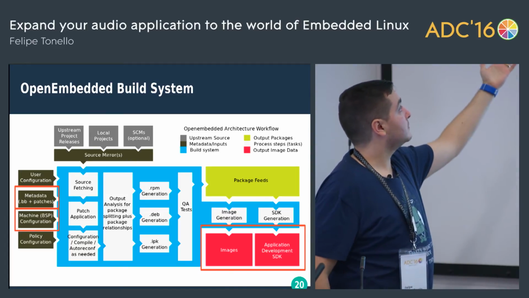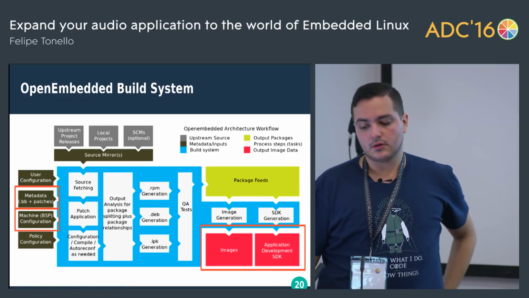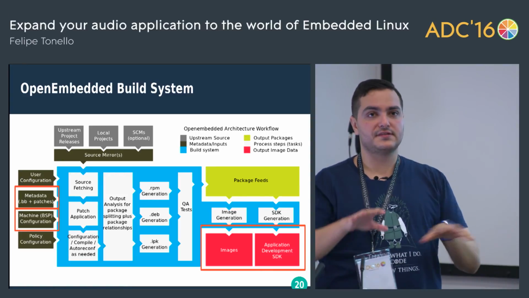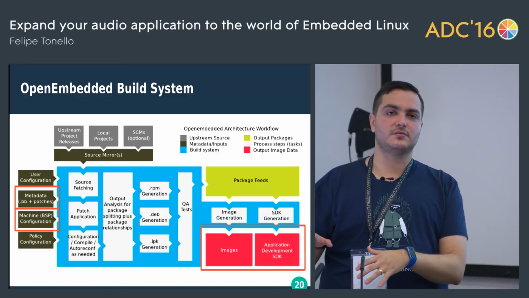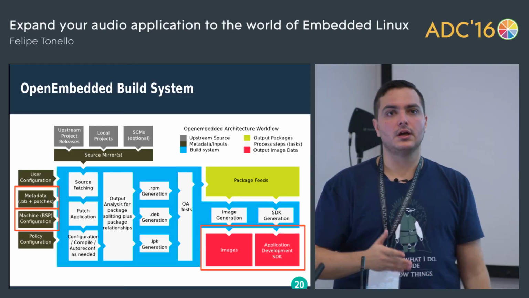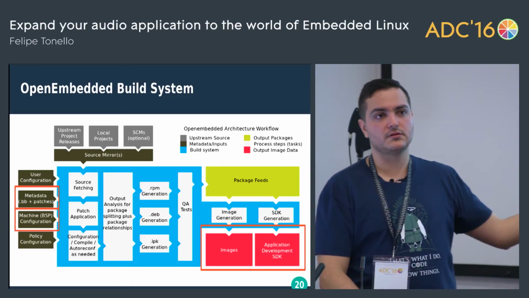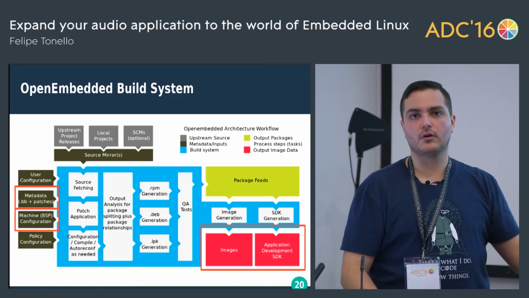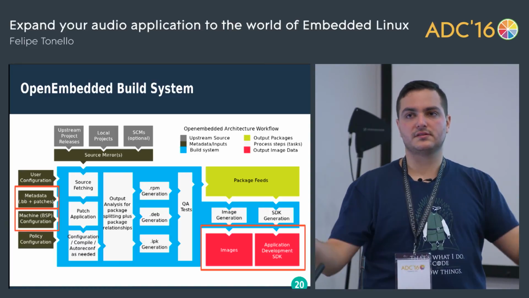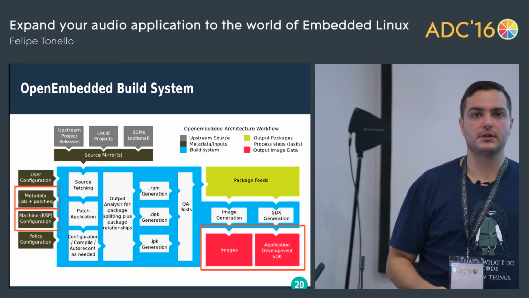And also you need to take care of the BSP, which is the board support package, which is a set of recipes, like I just mentioned, which is specific for the board that you have. What happens is that most of these vendors have BSPs for Yocto. So you can just download their BSP and they have all these configurations for their particular platform.